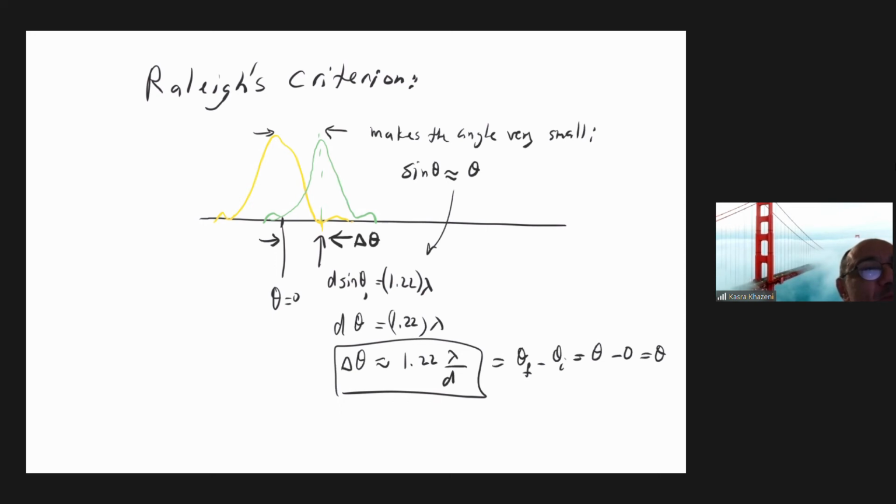Okay, that's why most telescopes have a large diameter collection lens, because of this equation. The larger d is, the smaller angular separation you can resolve.